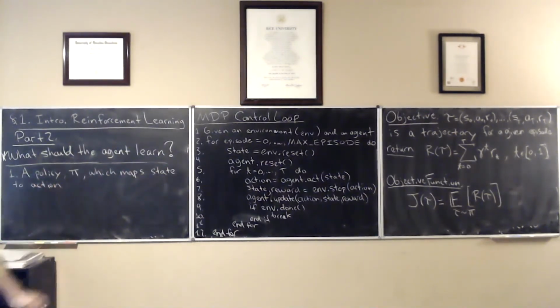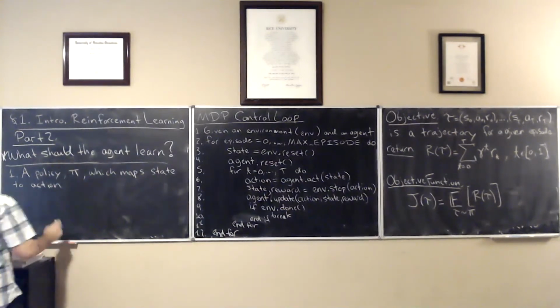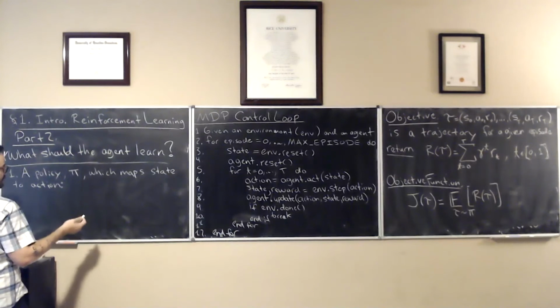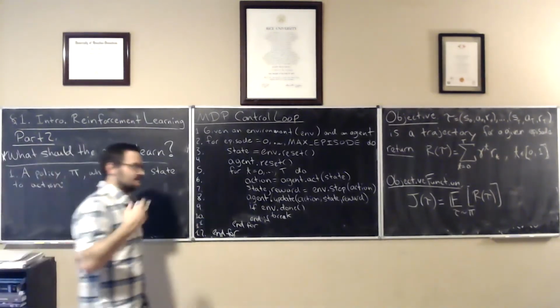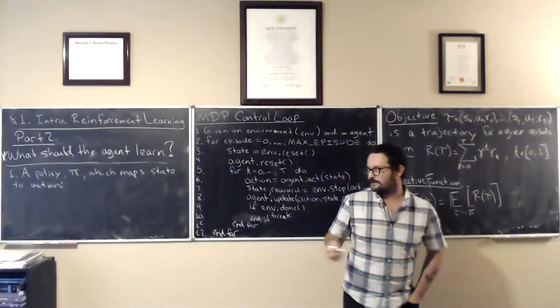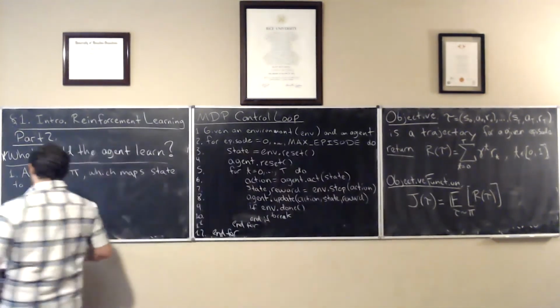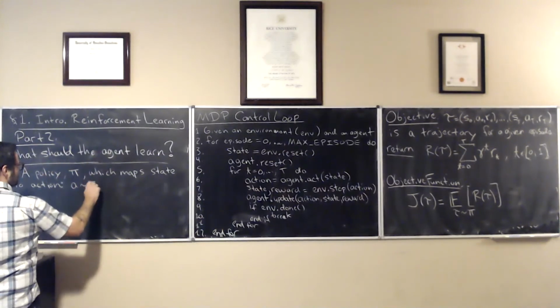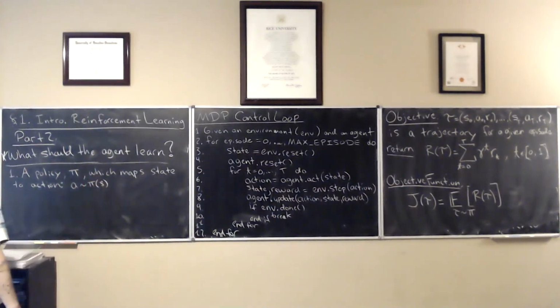So we can learn the appropriate policy. And this is going to be stochastic. This in general is not going to be deterministic. So we're going to choose these actions from some distribution given a state.